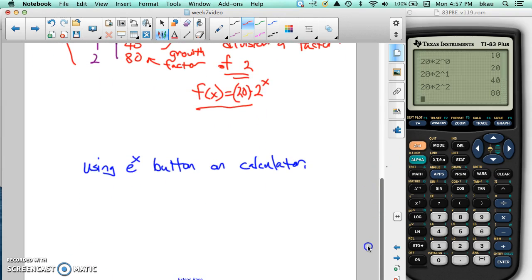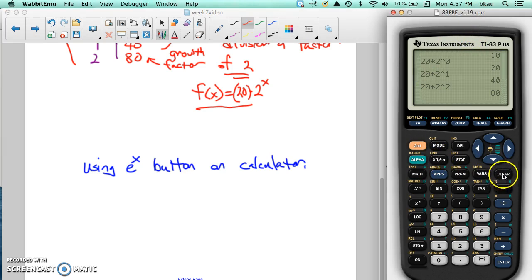All right. Now the second part of this is using your e to the x button. So this button here is your power button on your calculator. So we just did that and we evaluated some of these. So I was practicing using my power button there. Now the e to the x button is this one right here. Actually, it's right here. And we have to hit second e to the x.